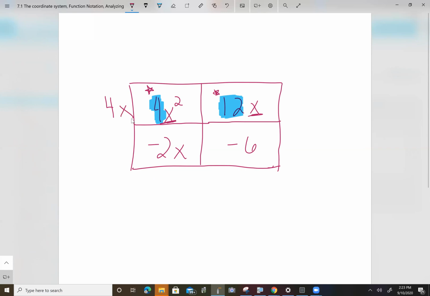And then once I have one of the sides, it makes it a lot easier to find the other sides. Now it's just a puzzle.